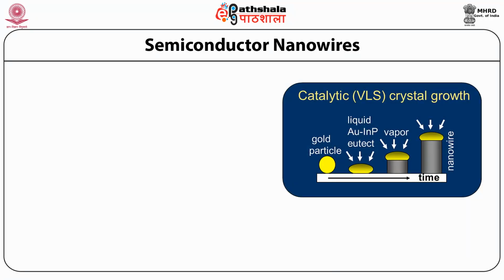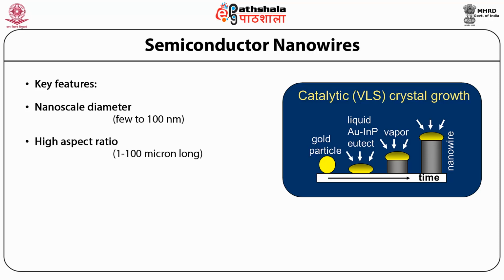Semiconductor nanowires: a common technique, that is the VLS crystal growth technique, whose schematic is shown over here, is used to fabricate the nanowires, and their key features are: a diameter of around 100 nanometers, a high aspect ratio, 1 to 100 microns long, and versatility in composition.